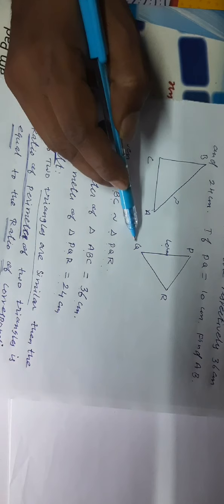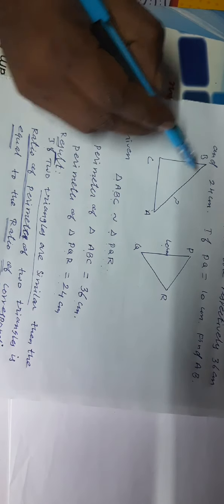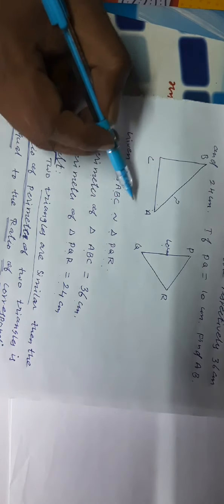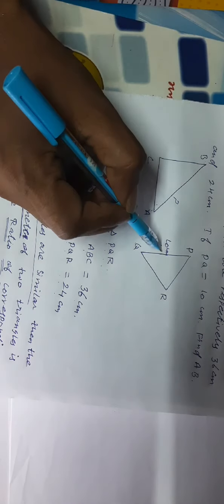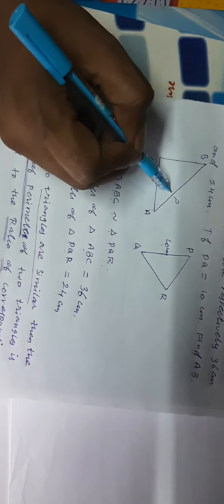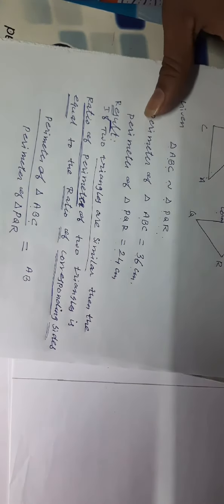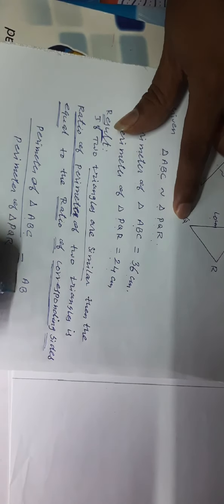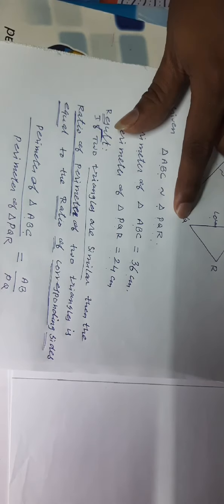So what are the corresponding sides given here? PQ is given, and you want to find AB. So I can take the corresponding sides PQ and AB. For ABC I take the side AB, which is the one you want to find, and PQ is given.